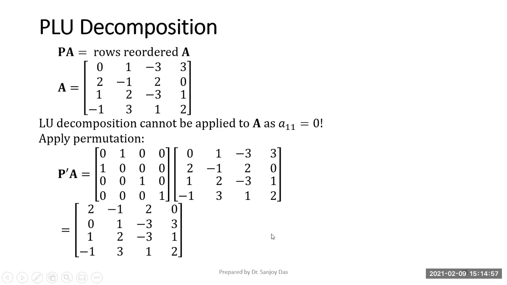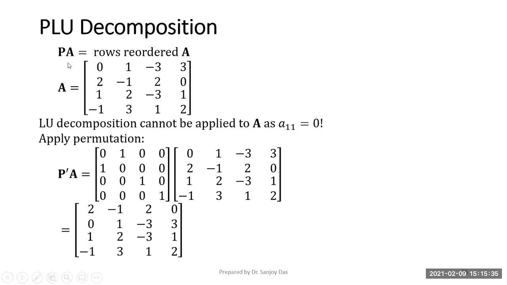Now, since the first entry in row 1, column 1 is 2, I can use this 2 to eliminate the rest of that column, right? Yes. 1 minus half of this 2 will give me 0 here. If I simply add half of row 1 to this, I'll get 0 here, right? So now I can carry out my LU decomposition.